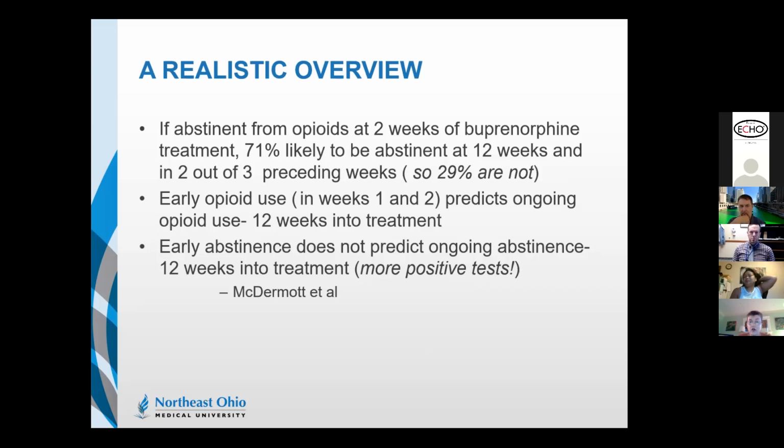And in this study, early opioid use, a person that never stopped using their illicit opioid, despite starting and getting to an adequate dose of buprenorphine, predicted ongoing opioid use 12 weeks into treatment. But it didn't work the other way. Early abstinence from an opioid didn't predict ongoing abstinence 12 weeks into treatment.